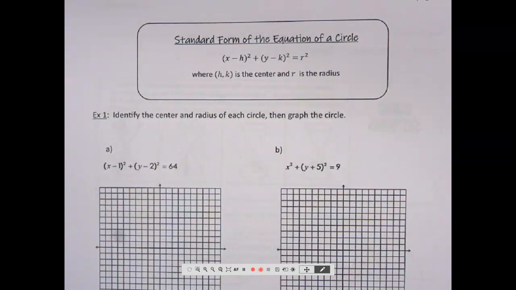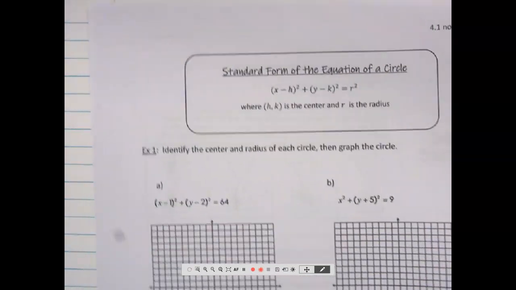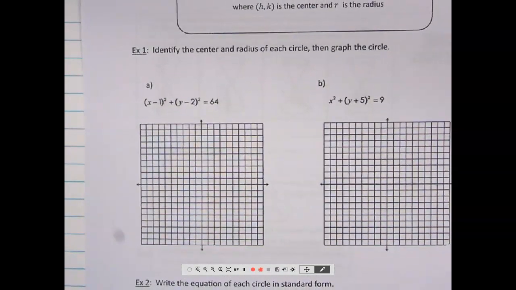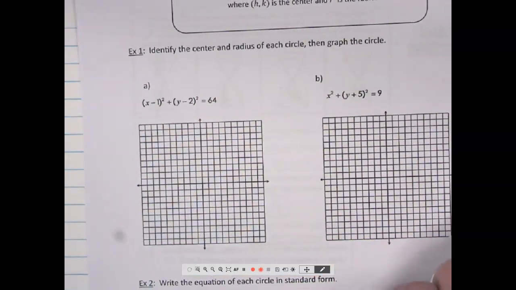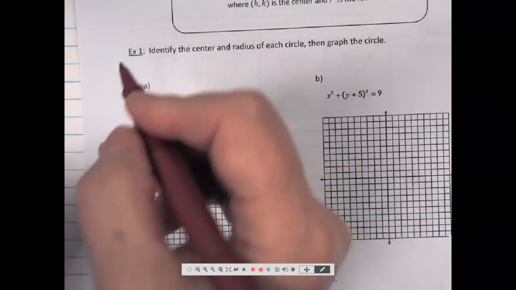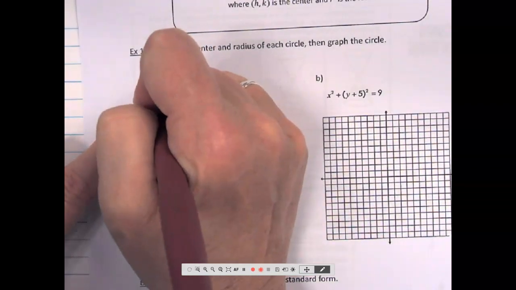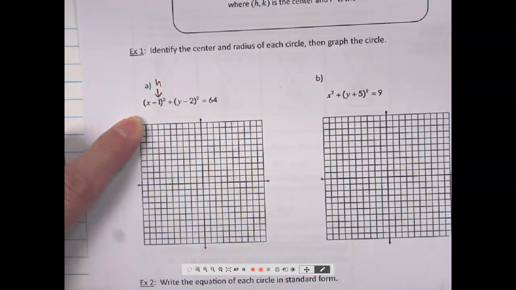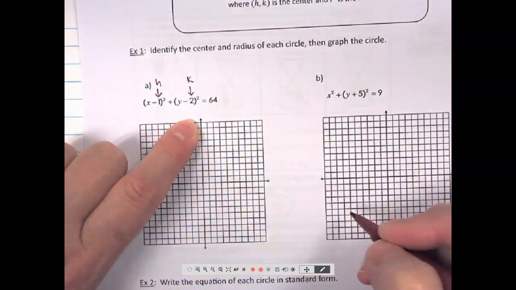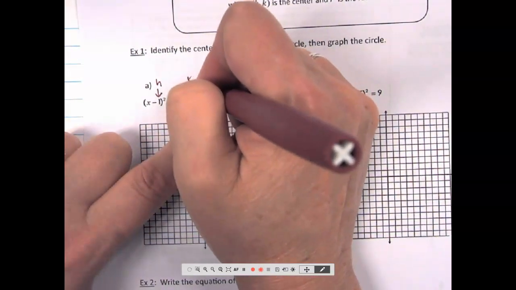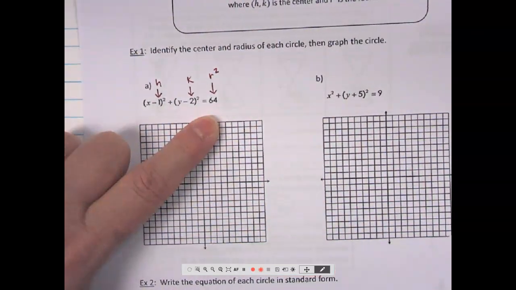Okay, so on these next two, I'm giving you an equation, and we are going to identify the center and the radius and then graph them. Okay, so remember this is X minus H squared plus Y minus K squared equals R squared.